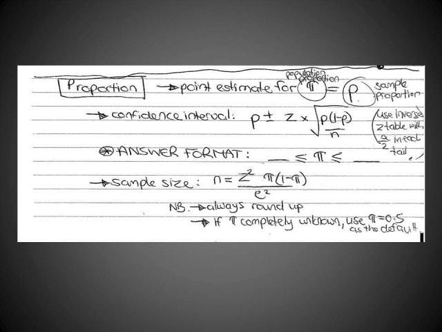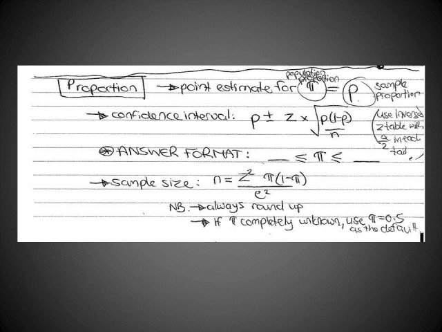And then pi, well, if you have some past data, you could use that. Maybe you've done a pilot study. If you have no idea what value might be for pi, then your default would be 0.5. That will in fact maximise that equation and give you the biggest n that you could possibly need regardless of the value for pi.